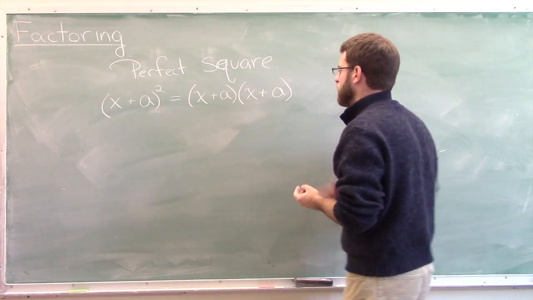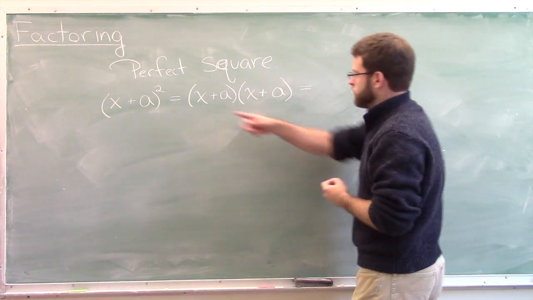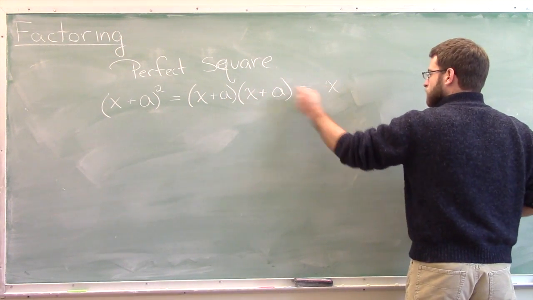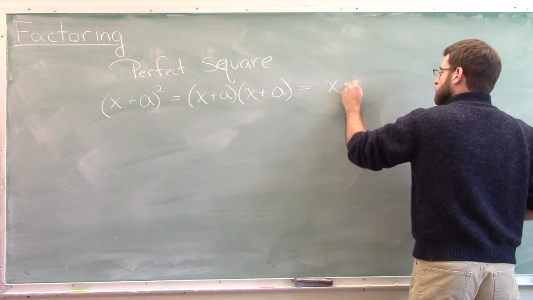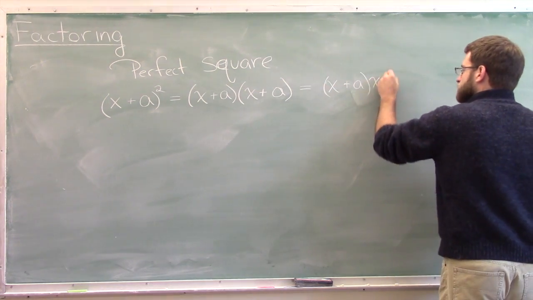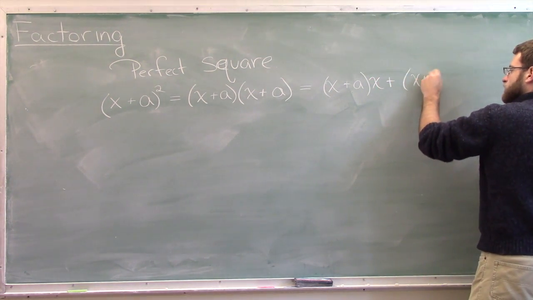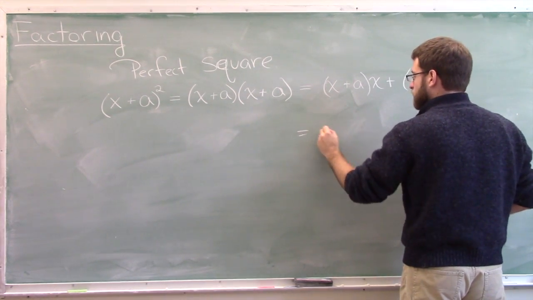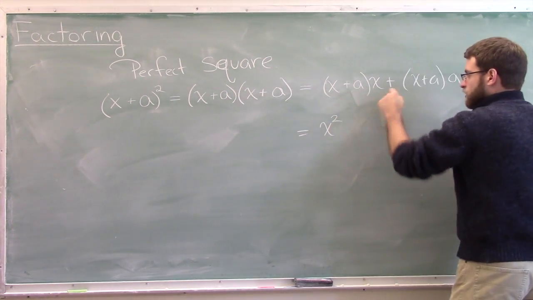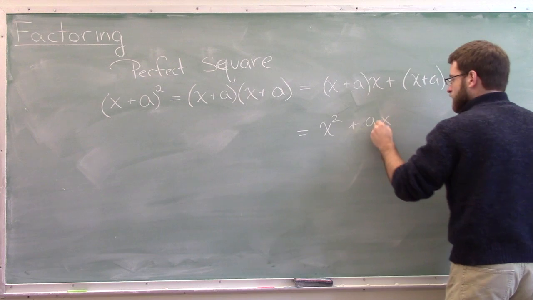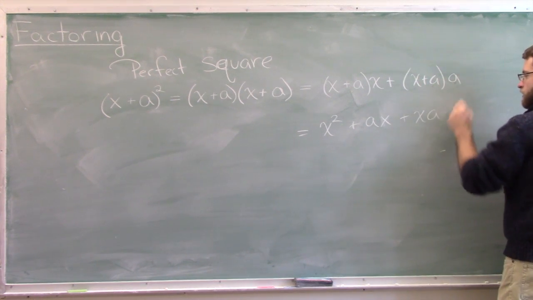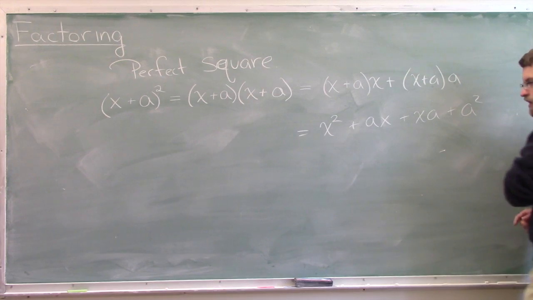And if I multiply this out, I'll use the distributive property, bring this first polynomial across each term in the second polynomial. So you get x plus a times x plus x plus a times a, and then distribute back, and we get x squared plus ax plus xa plus a squared.